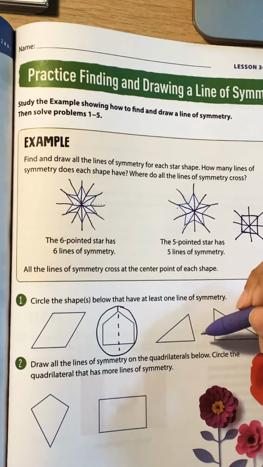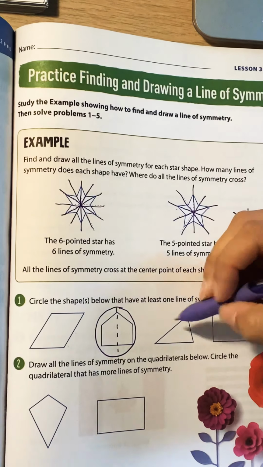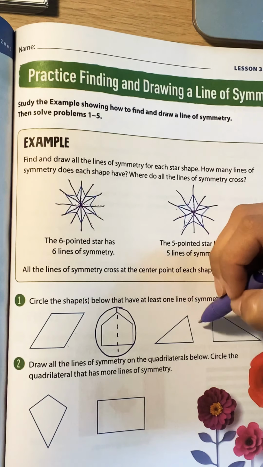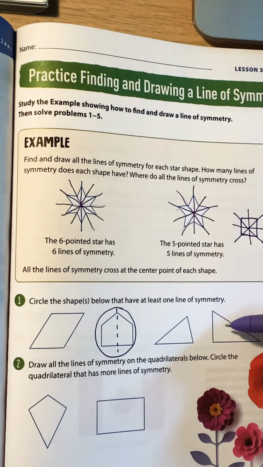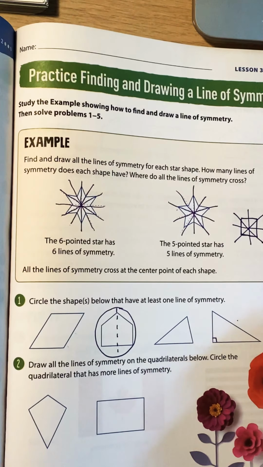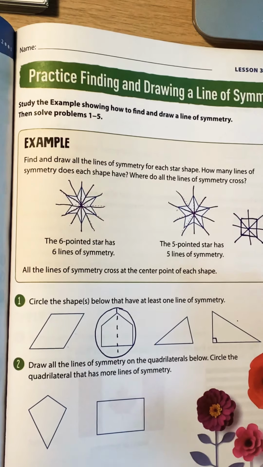And this is a scalene triangle, not a right triangle, not a right angle right there. I can't cut it anywhere that it would make a line of symmetry. Same with this one, because it's also scalene, but it's right angle. If I cut it this way, that side won't match that side. And if you don't believe me, trace them, cut them out, try it.